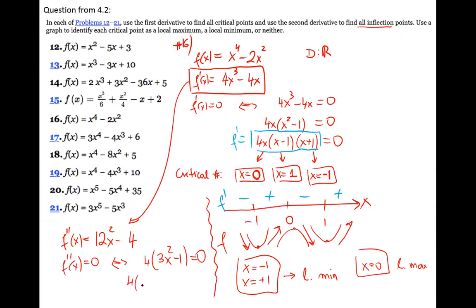Okay, and I can write square root of 3 times x minus 1 and square root of 3 times x plus 1. Yeah, just the weird numbers, because it's not a perfect square, which means I have to keep the square root. I have the room actually. Let me write one more time. The second derivative is 0 if 12x squared minus 4 is 0.